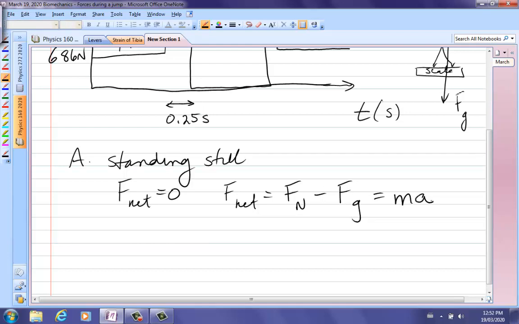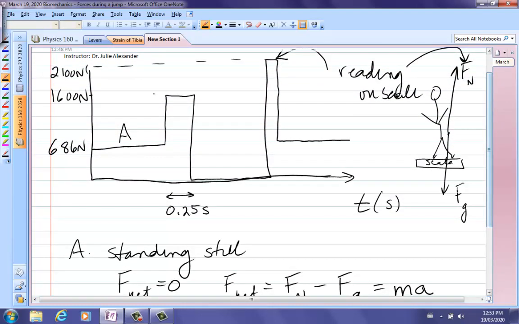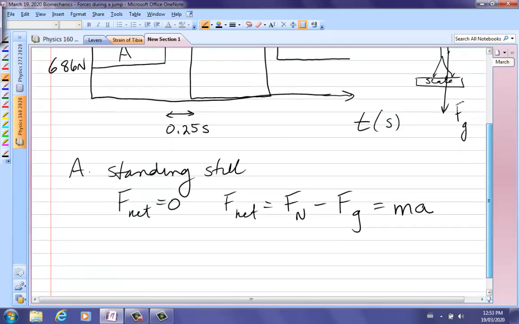So if you're standing still, the normal force equals your force of gravity. If you're pushing off to accelerate your body up, then the normal force is bigger than the force of gravity. If you're in the air, the scale reads nothing, so the normal force is 0. When you land back on the scale on the way down, a big force needs to stop your body, and that is the normal force. And so once again, the normal force is bigger than the force of gravity when you're landing. That's why that graph has all positive values. It's never negative values. So it's positive when you jump up. It's also positive when you land.